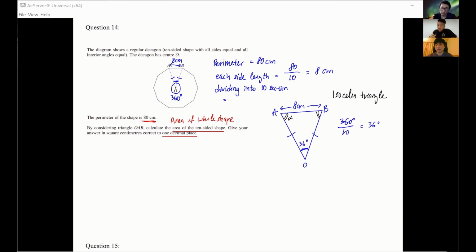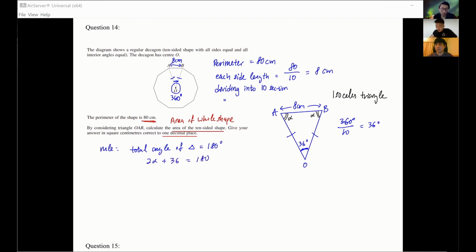Now we know that for a triangle, the total angle of a triangle is 180. This is the rule that you need to know. So we know that 2 alpha plus 36 equals 180.